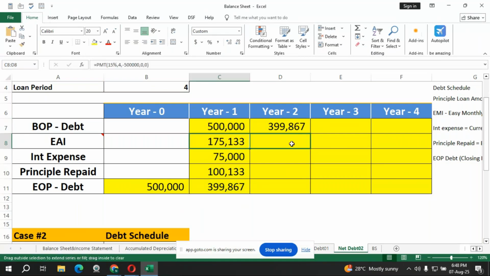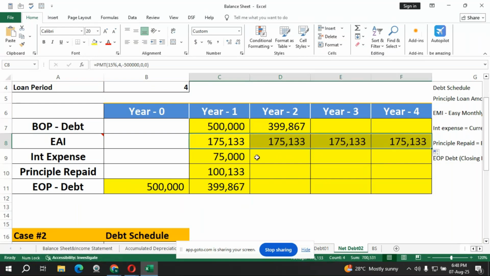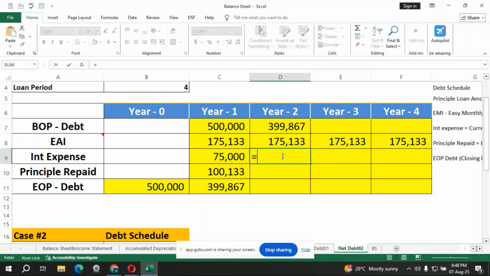So in case I drag, what would happen? Because here I have put up the actual formula, so no issues. Again the interest calculation: loan amount into the interest rate, which is 15%.